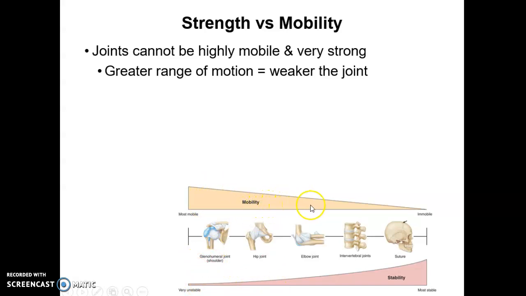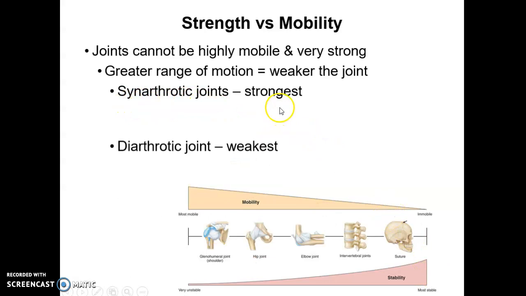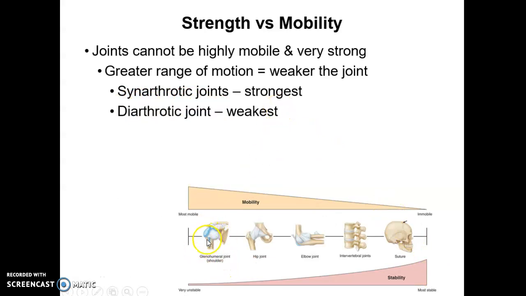As the joint becomes less mobile, like say the sutures, they become much more stable. So notice one of the more mobile joints is the shoulder joint. It tends to be one of the least stable joints in the body. So synarthrotic joints that are immovable are the strongest, and then the diarthrotic joints that are highly movable tend to be the weakest of the joints.